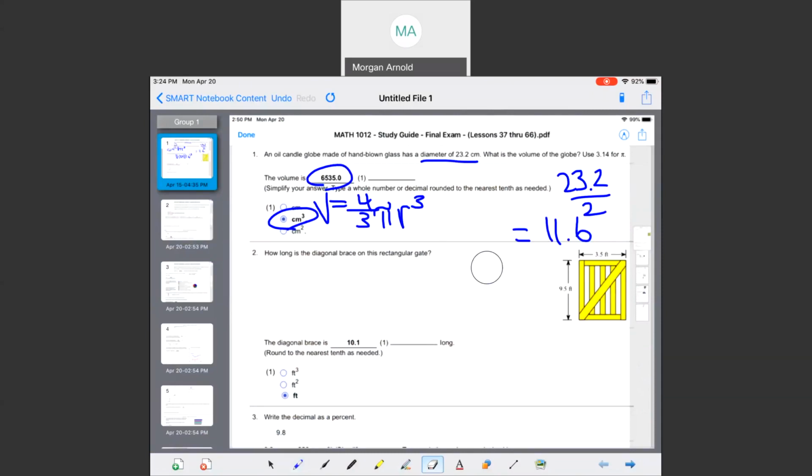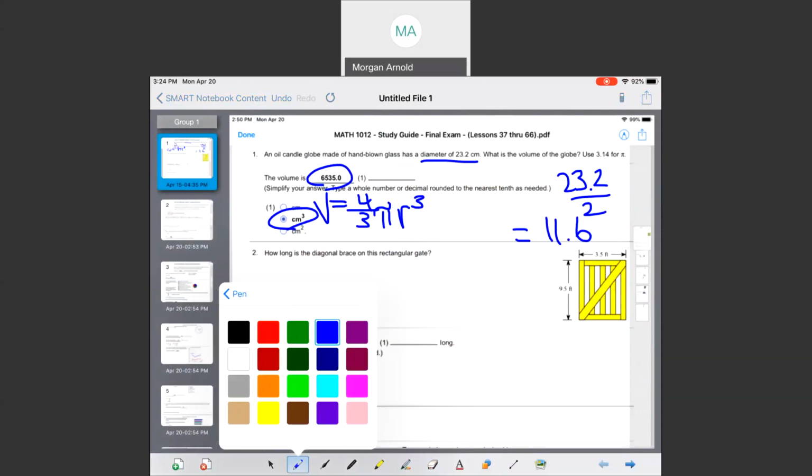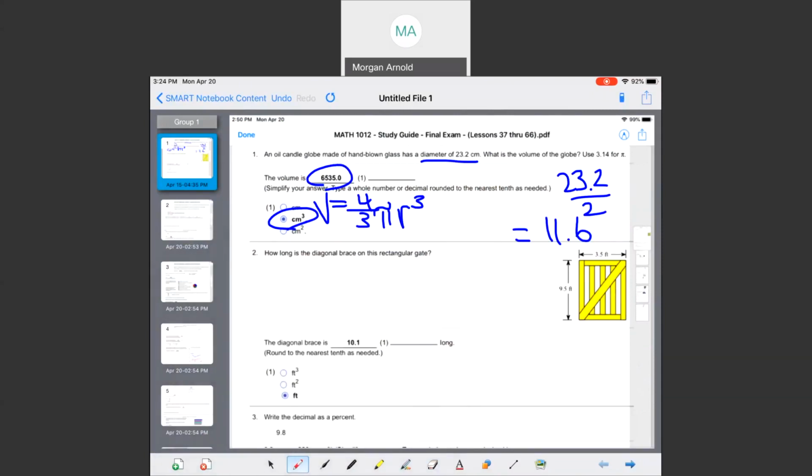Next question, how long is a diagonal brace on a rectangular gate? Well, we have a right triangle, so we can use the Pythagorean theorem. a squared plus b squared equal to c squared, where a squared and b squared are the sides or the legs, and c squared is the hypotenuse of the diagonal we're looking for.